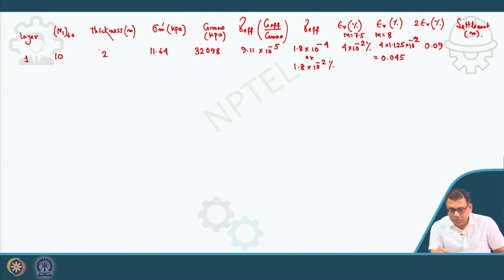Settlement is your 2 meter thickness into 0.09 divided by 100, because it is in percentage. So, it will give you 0.0018 in terms of meter.